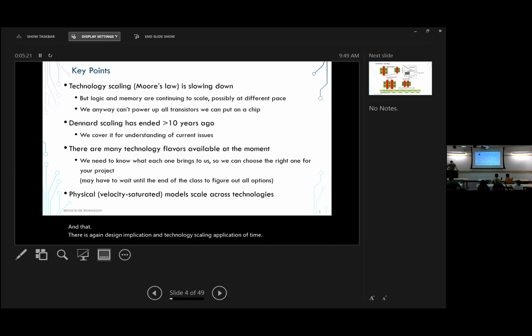Another consequence of all of that is that there is a plethora of technologies out there, and not just across the nodes, but even in one technology node, you have a choice of a whole bunch of things that you can do. If you pick N5, there is a whole bunch of different flavors of N5. Even if you pick 28 nanometers, there is a good choice of transistors in there.